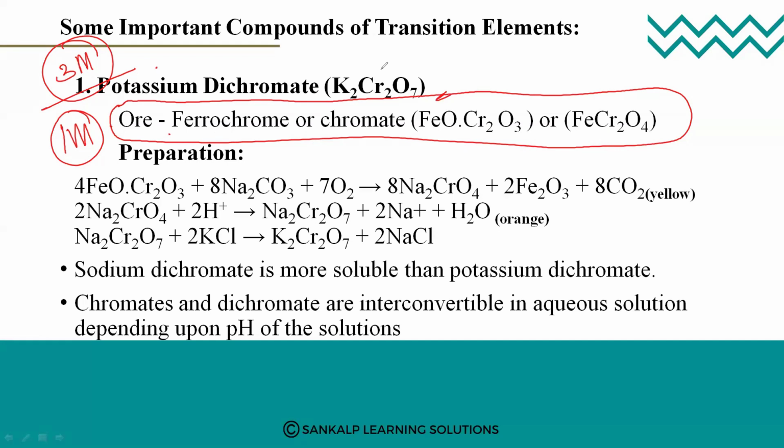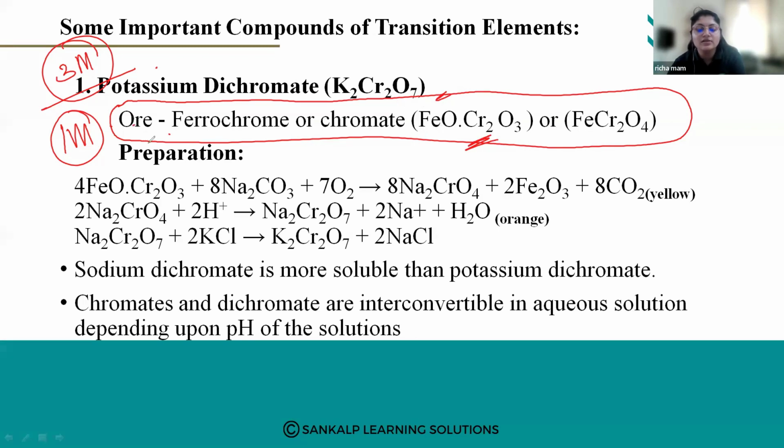We are manufacturing, that is, we are doing the preparation. Manufacturing means preparation. We are going to prepare the potassium dichromate from the chromite ore, that is FeCr2O4 or FeO.Cr2O3.